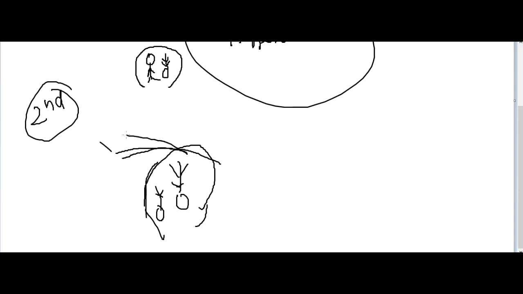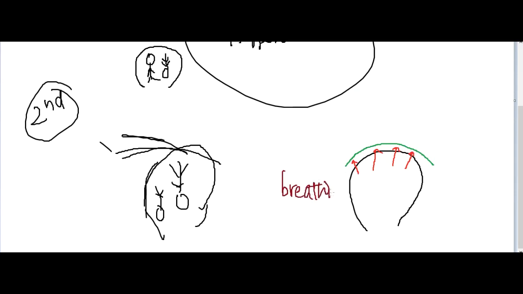This is the diaphragm, so let me draw it again. This is the uterus, and this is the diaphragm. Now this uterus is exerting pressure over the diaphragm. Because it is exerting pressure over the diaphragm, this will lead to a symptom called breathlessness.